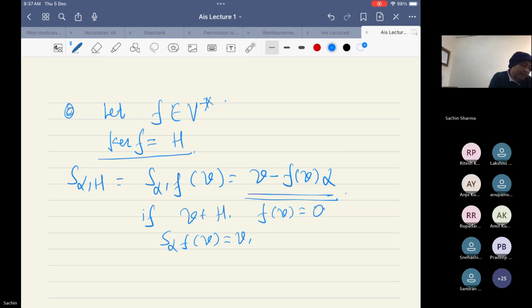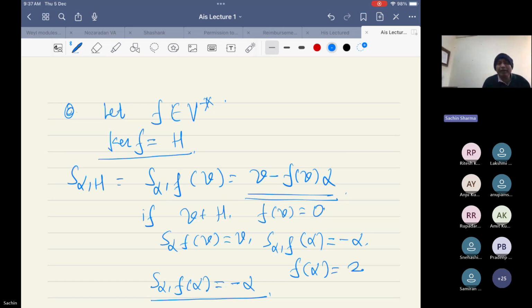Here you would like S alpha,f of alpha to be minus alpha. So what should you expect the value of f on alpha to be? It is a scalar, and as we want the image to be the negative, f of alpha should be equal to 2.